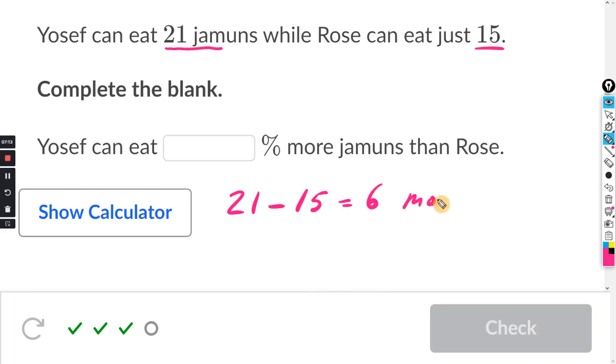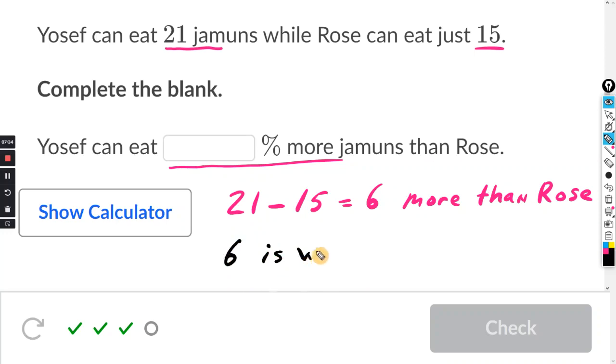So he ate 6 more than Rose. And we want to see what percent more that is. So we're going to say 6 is what percent of 15.